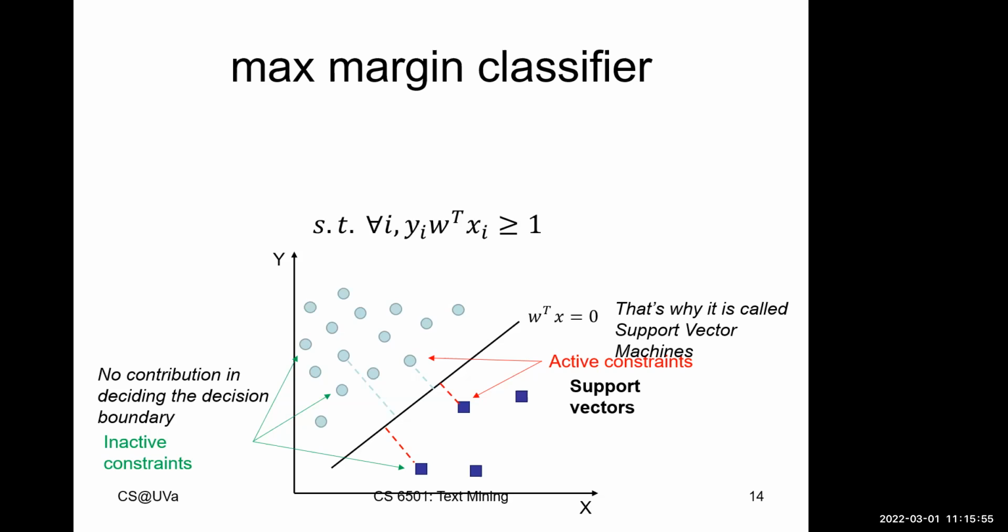So what are support vectors? Are they only one? No, they're from multiple classes. So are all active constraints support vectors? Right. Active constraints. The ones that are closest from both classes are the active ones, the support vectors.